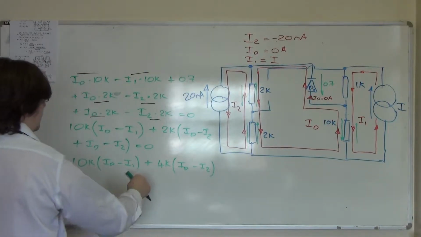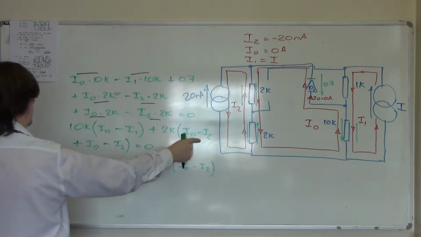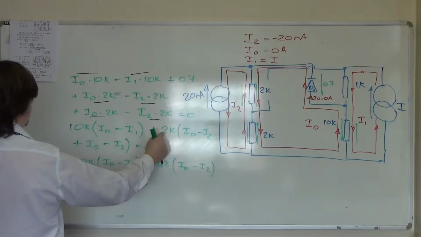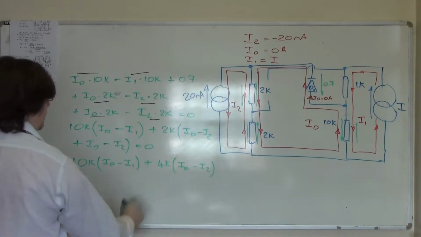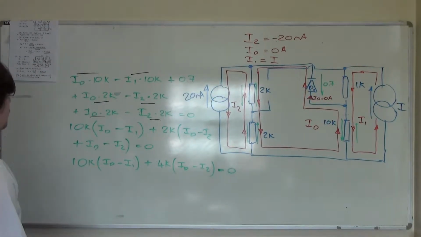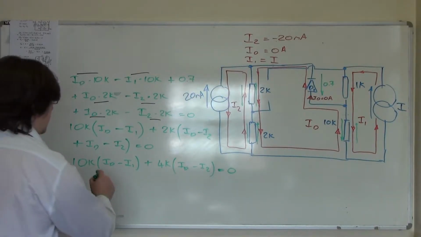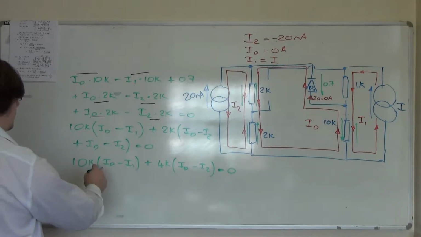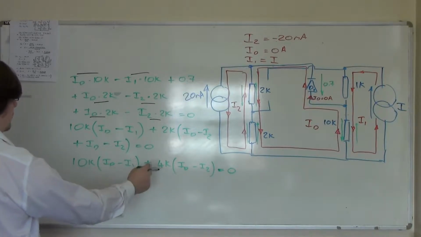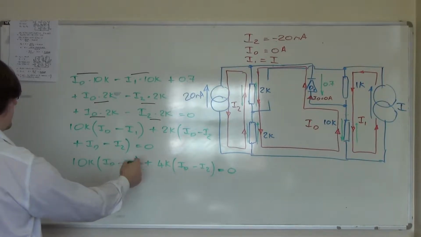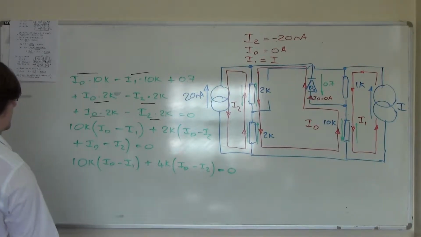So what I've done here is I've got 2 ID and 2 I2, and I've taken out the 2 and multiplied by the 2K to give me 4K. Well, we can start putting in the values. But first we can rearrange this to give us terms of the currents instead of in terms of the resistances. So we can change the way it's factored.